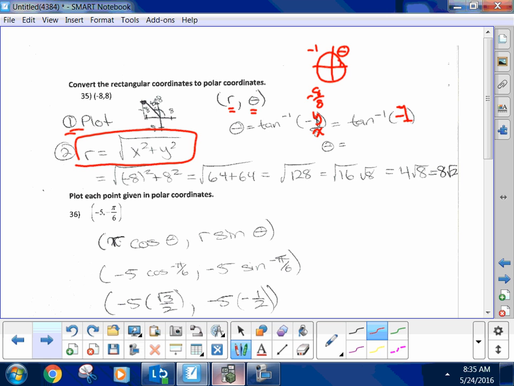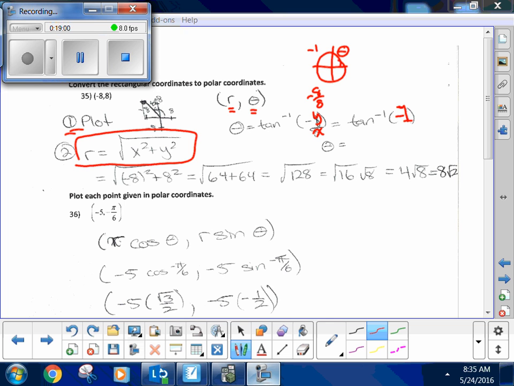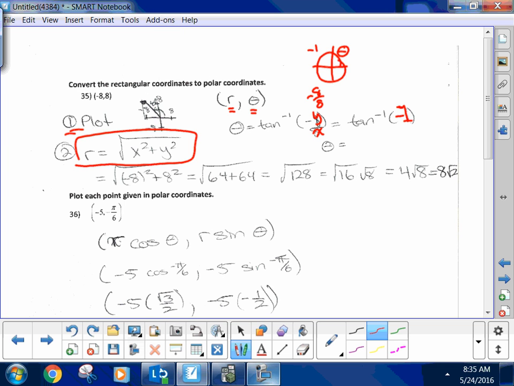Oh, hold on a second. Let me grab my unit circle real quick so I can tell you the angle on this. All right, the angle was 3 pi over 4. So let's write that in. And then after that, this was my magnitude right here that I discovered using the equation. So my final polar coordinate is square root of 2, 3 pi over 4.